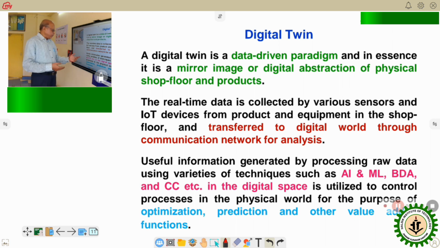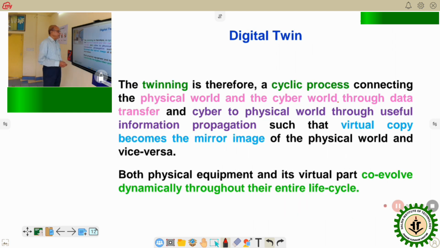Once the analysis is carried out, useful information is generated by processing raw data using a variety of techniques such as AI/ML, big data analytics, and cloud computing, etc., in the digital space, and is utilized to control the processes in the physical world for the purpose of optimization, prediction, and other similar value-added functions. So that is the key requirement or key objective of the digital twin.